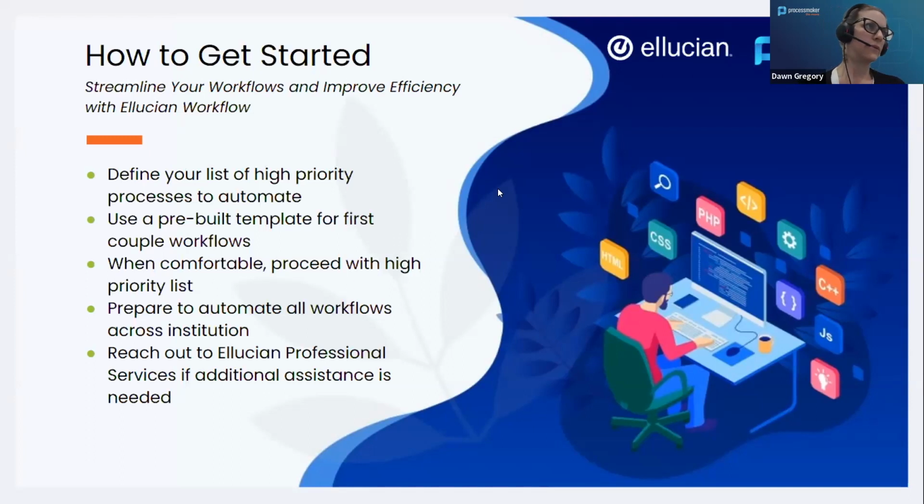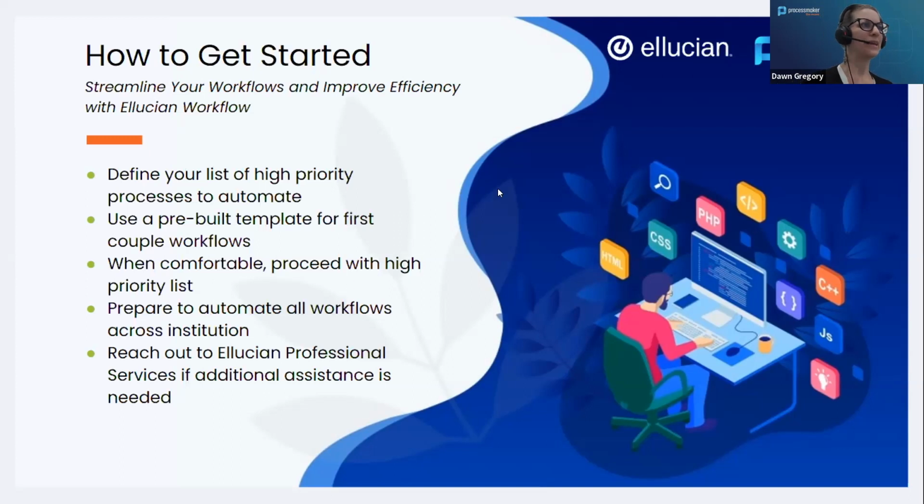So we think that defining your list of high priority processes to automate is the first step. This might be just within your department or across campus. But if you have someone who's highly motivated within your department and a lot of really great use cases to build this out, that's a great place to start, and just prioritizing those, determining what would be the most beneficial to automate.